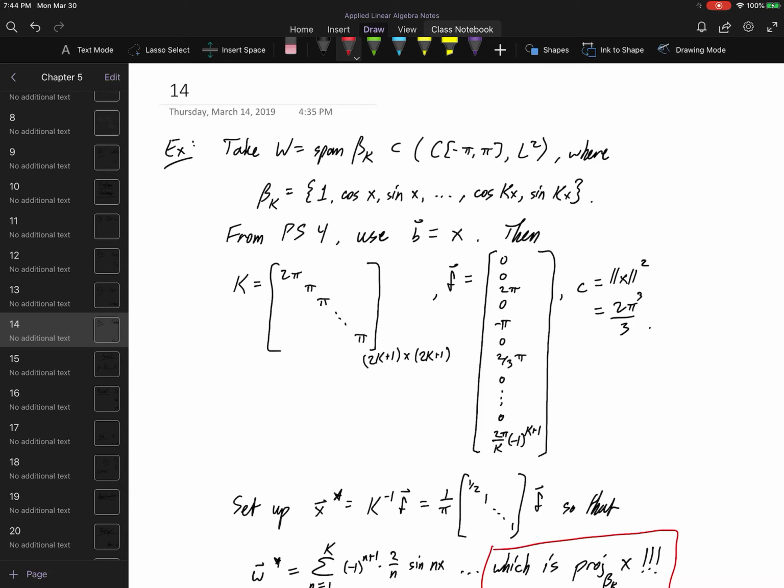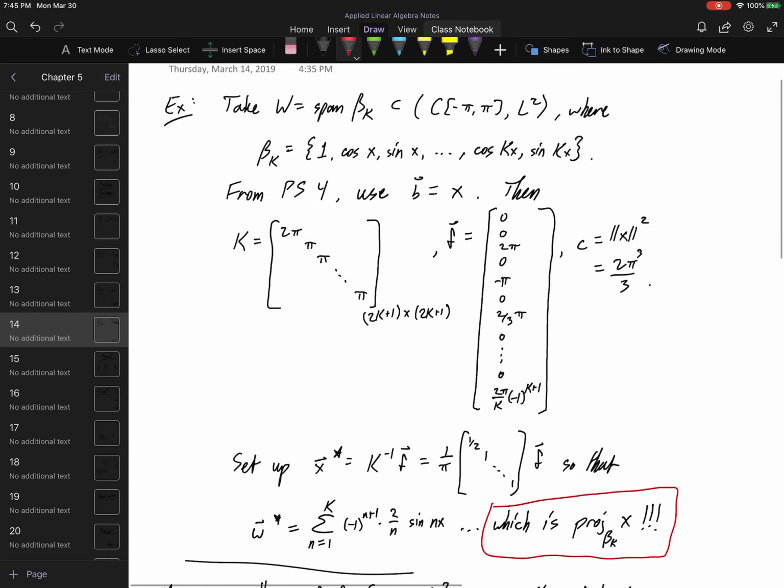And if we go through that problem set, you will find the Gram matrix for this with respect to this inner product space is a diagonal matrix, indicating that this BK basis for W is actually an orthogonal basis. Right? It's not orthonormal because I haven't unitized these, but this is an orthogonal basis for that subspace.